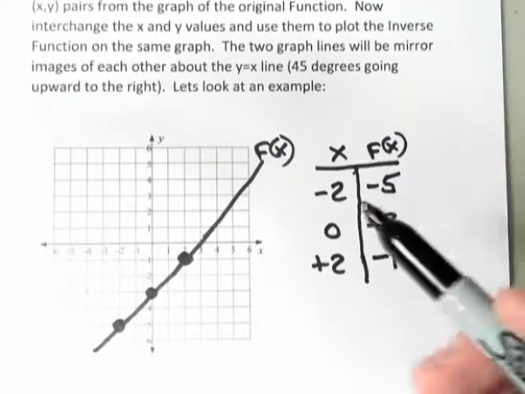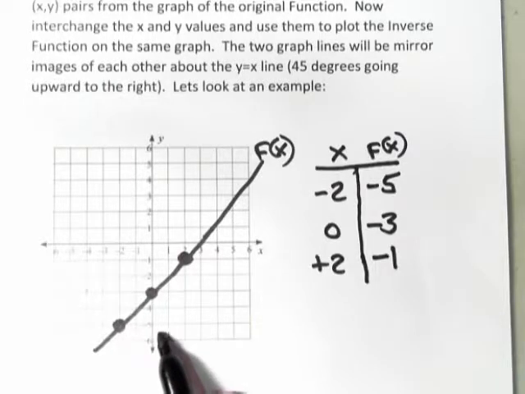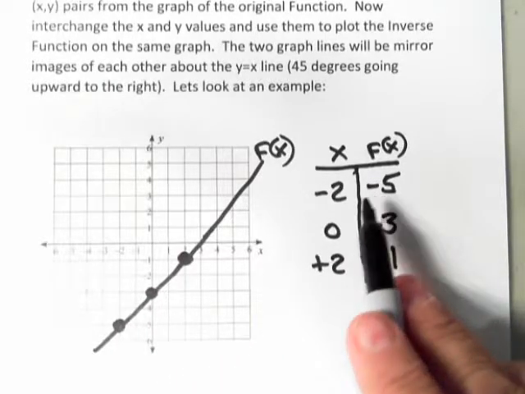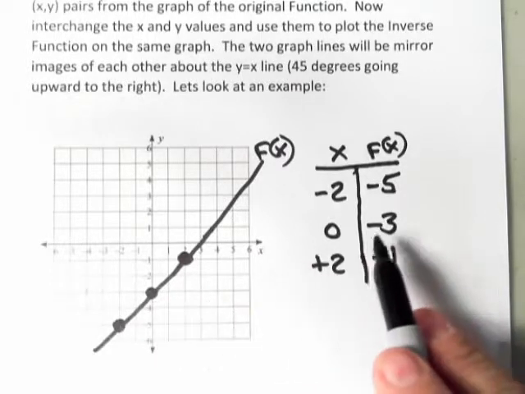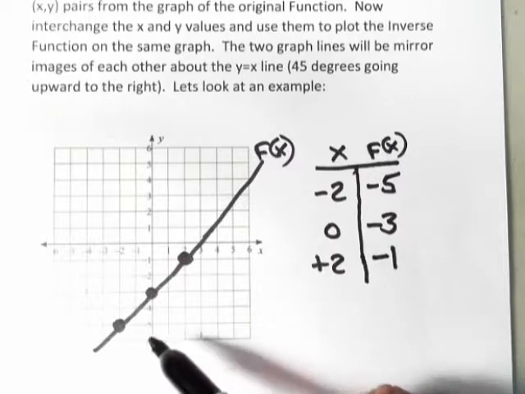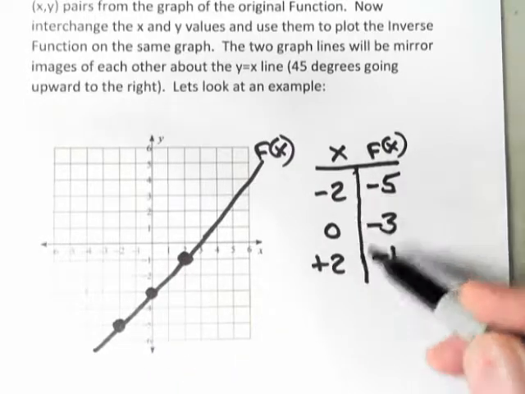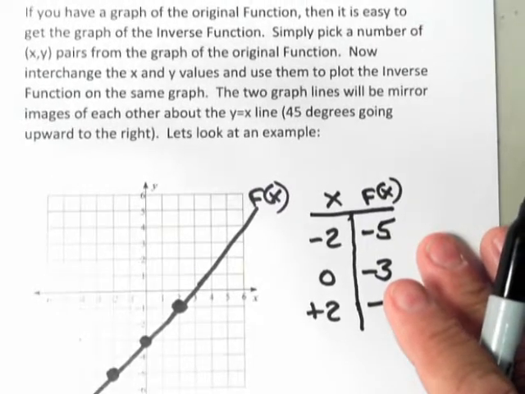You could use other points, but x equals -2, y equals -5, there's that one. X equals 0, y equals -3, there's that one. And x equals 2 and y equals -1. So these 3 points are listed right here, and I just pulled those right off the graph.